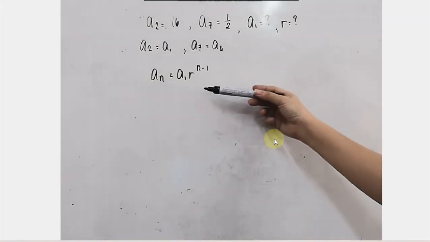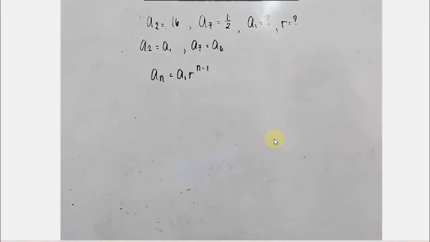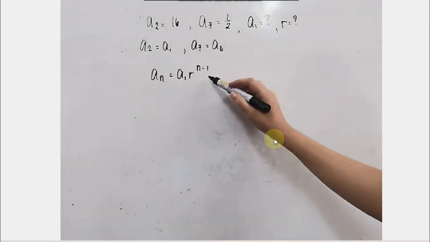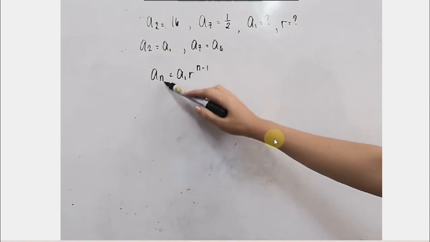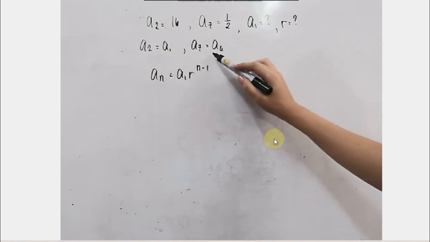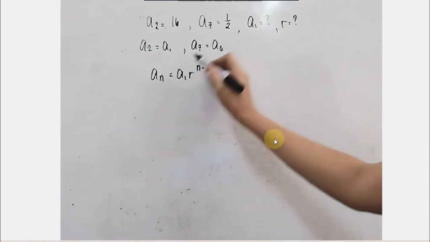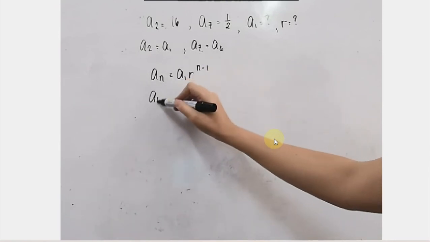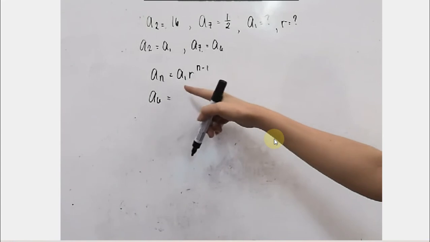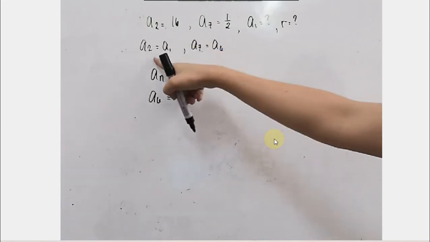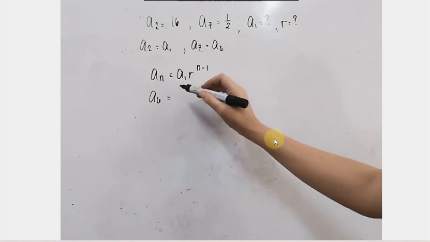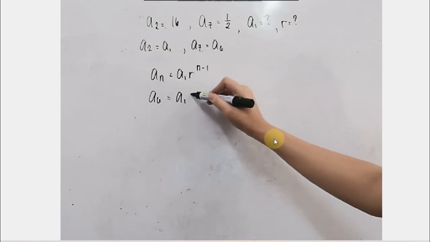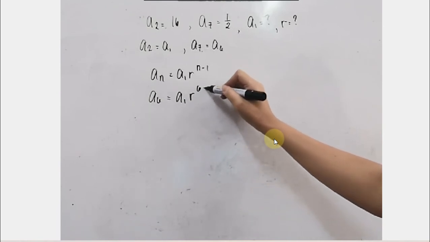We have our formula here, a sub n equals a sub 1 times r raised to the power of n minus 1. So, our a sub n here will be our a sub 7, or equal to a sub 6. So, instead of a sub 7, that will be a sub 6. Then, our a sub 1 will be our a sub 2, which is, what is the value of a sub 1? Then, r raised to the power of 6 minus 1.